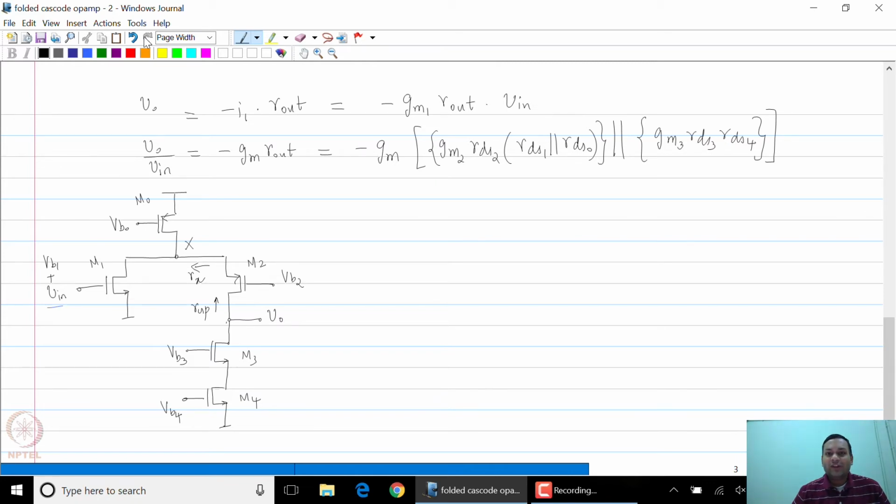Clearly, when you are analyzing for noise, you assume there is no input signal because the noise is uncorrelated with the signal. And since noise is a small signal quantity, you assume that small signal equivalent circuits are valid. Therefore the bias voltages at the appropriate nodes will be grounded.